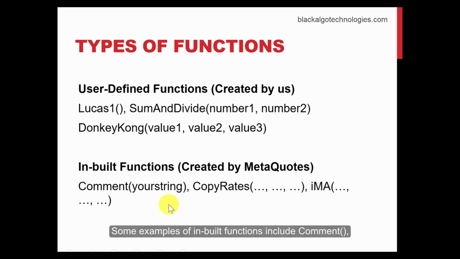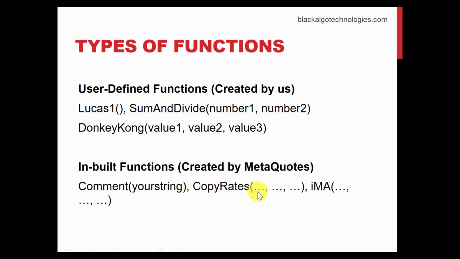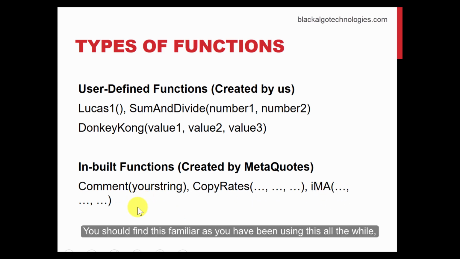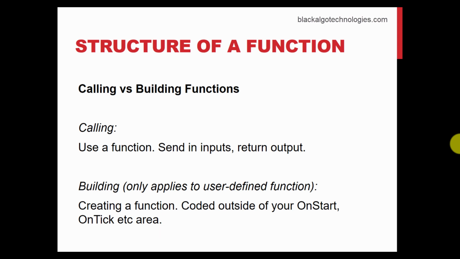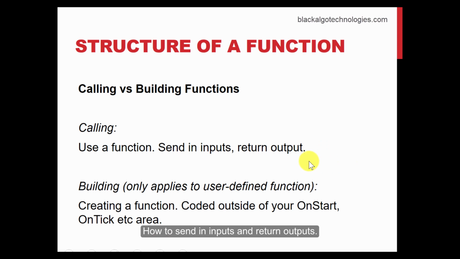Some examples of inbuilt functions are Comment, CopyRates, iMA. You should find this familiar. You have been using these all the while, just that you did not know they were called functions. So for functions, we want to know 2 important parts. First, you want to know how to call a function, how to use a function, how to send in inputs and return output.